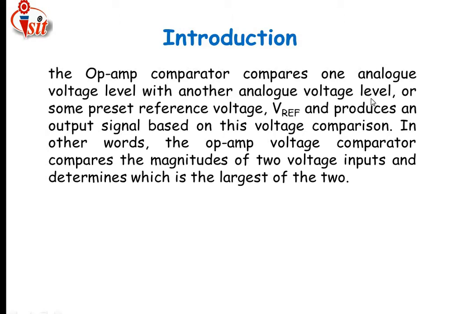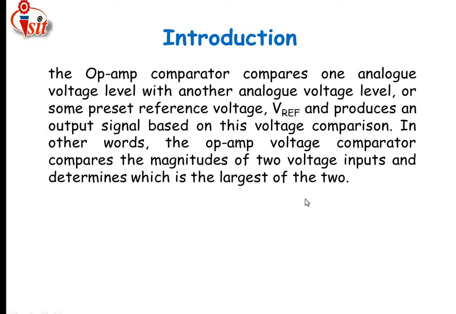That means whatever voltage level is produced as an output by the op-amp will be compared by using a comparator circuit, or some preset reference voltage, that is V reference, and produces an output signal based on this voltage comparison.